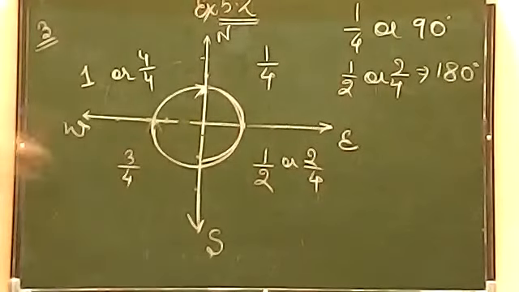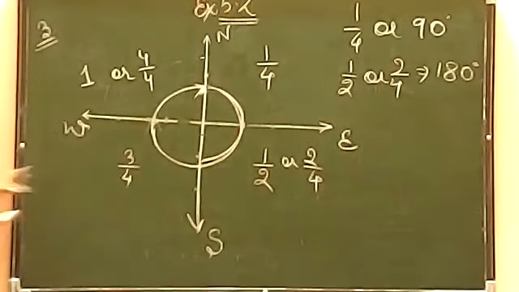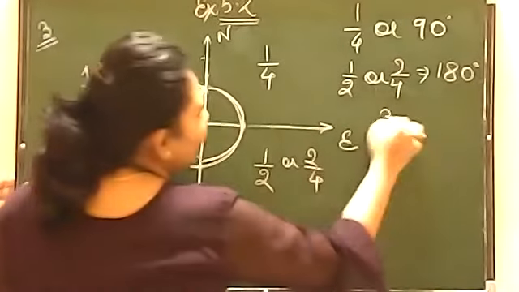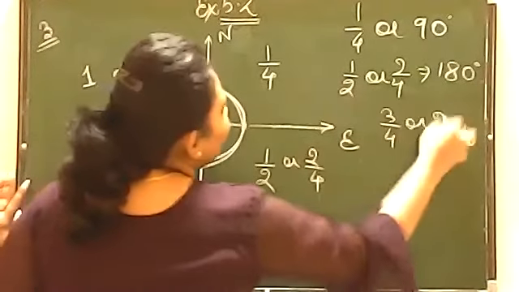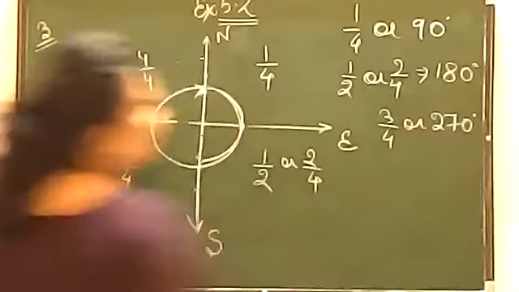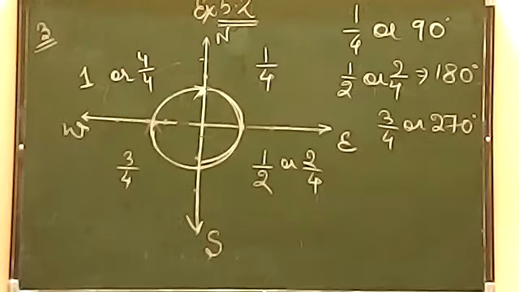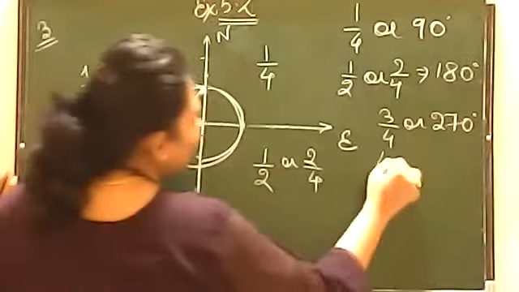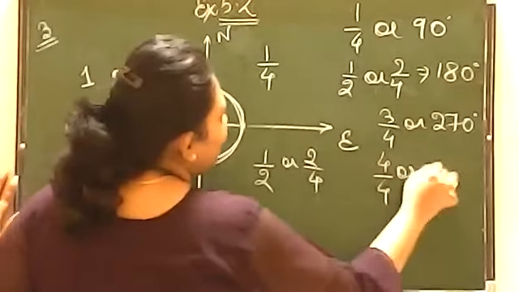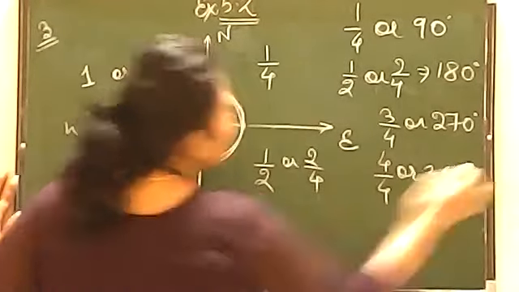Then when you are covering 3 parts, you are talking about 3/4 or 270 degree. Last but not the least, when you are covering the full complete 4 parts, or you can call it 4/4, you are talking about 360 degree.